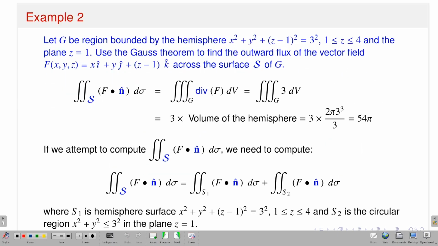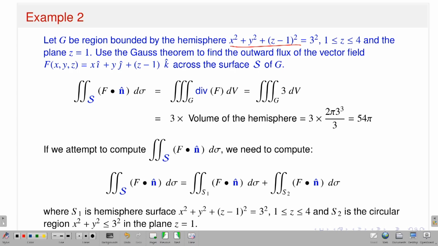In the second example, let's start with a region which is bounded by the hemisphere x square plus y square plus (z minus 1) square is equal to 3 square, where z runs from 1 up to 4, and the plane z is equal to 1.